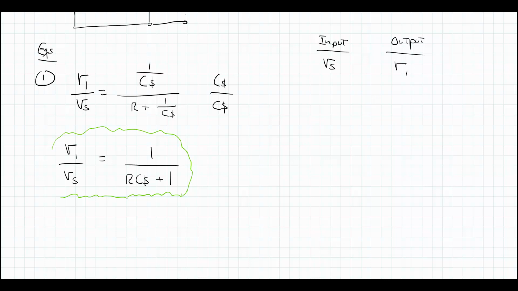And let's note it is a first order system because the denominator has an S term and a constant. So the order of the system is going to go by the degree of the denominator. So it's first order. We want to put it into the standard form for a first order system, and actually it currently is in that standard form.